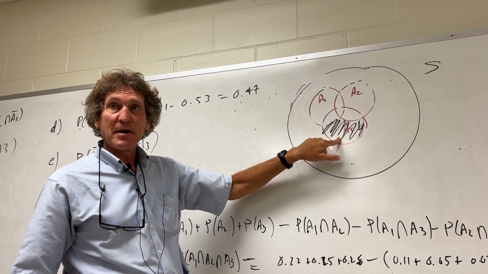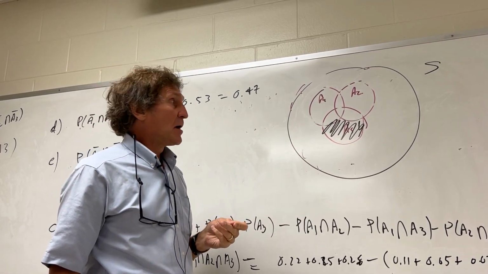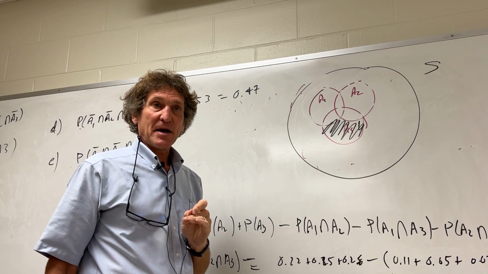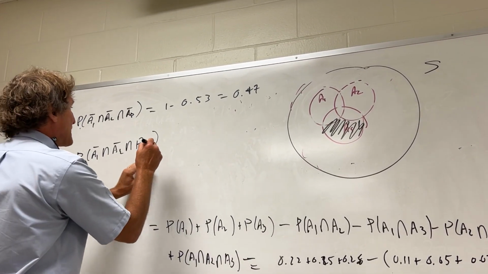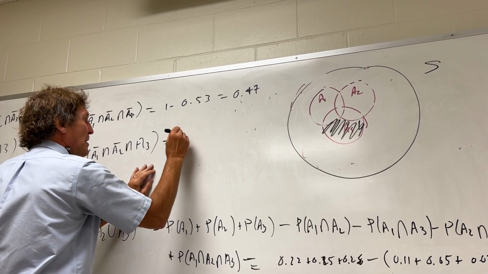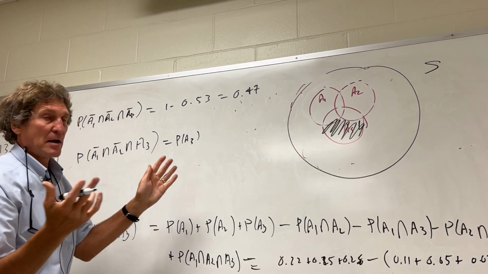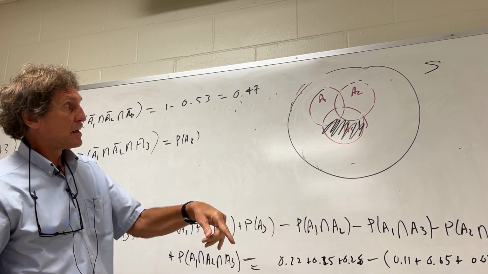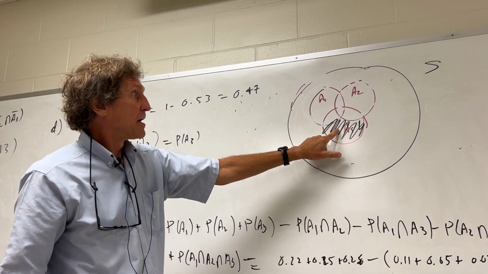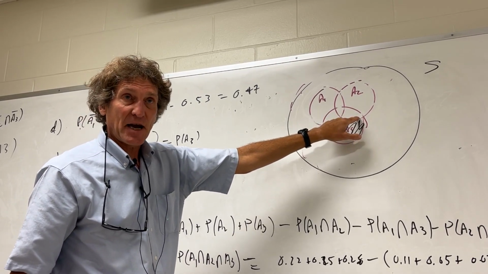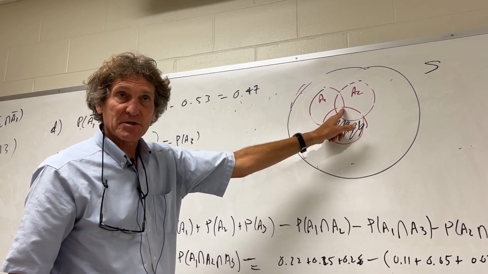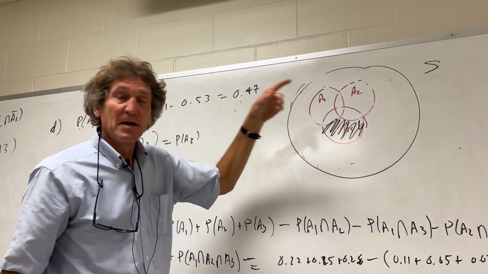What is that area? Well, start with A3. Do you agree with that? So for this one, it's going to be the probability of A3, and then what? Take a look. I want this area here. Subtract all the intersections. Subtract this intersection and this intersection, and then add this part, because you subtracted it twice. You all with me on this? So let's see if this works.